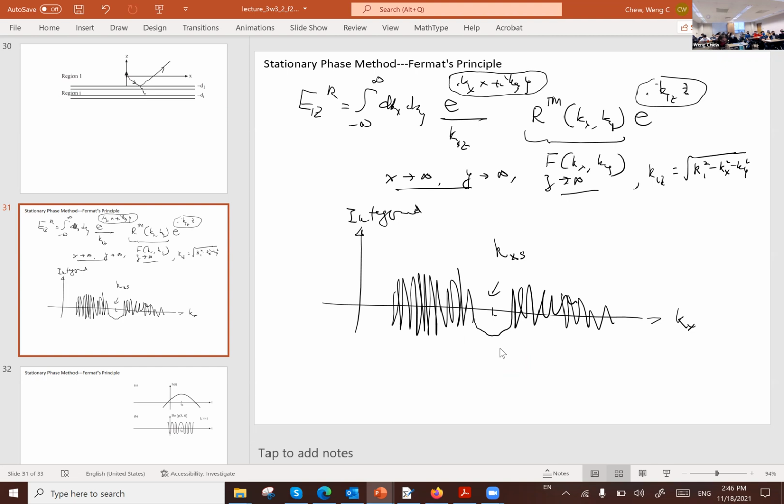Remember Fermat's principle? Fermat's principle says that we find the path of minimum phase. When the plane wave goes between two points, the phase is minimal. And that is the point where you have the correct solution.